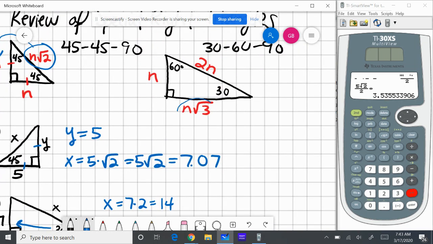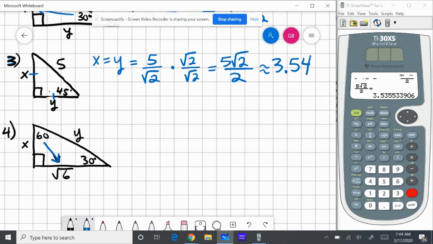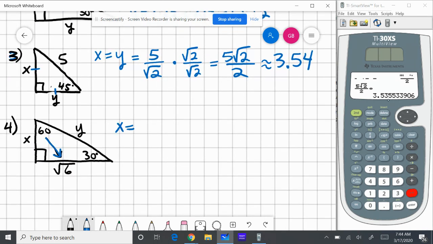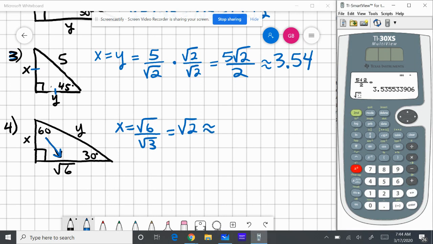So I have the long leg. So if I want to go back to the short leg, I'm going to divide by the square root of 3. So to find x, it's the square root of 6 divided by the square root of 3. If both numbers are under the radical, you could go ahead and divide. So this turns into the square root of 2. And that's it, simplified. In decimal form, the square root of 2 is 1.41 approximately.